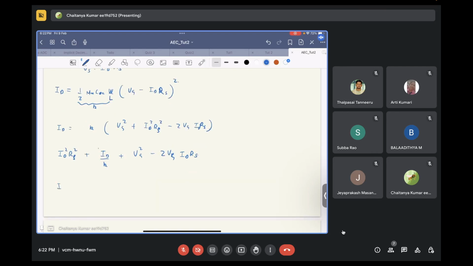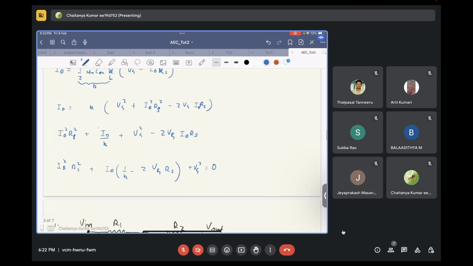That means ID squared RS squared plus ID times (1 by k minus 2 VG RS) plus VG squared equals 0.